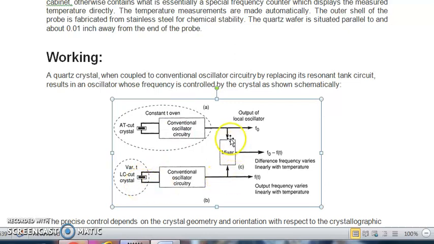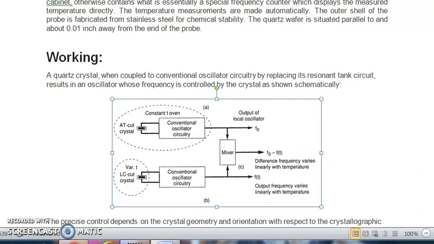The mixer combines the counts of both oscillators, and the difference is taken out, which will be the reading of the temperature. So this will give the precise value of the temperature change.